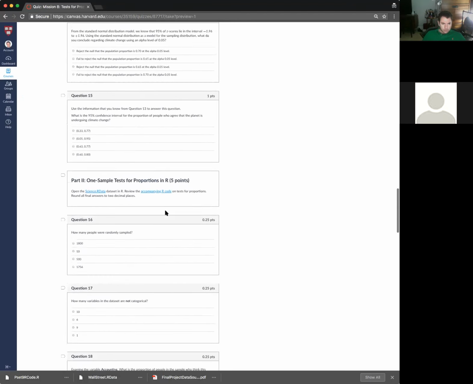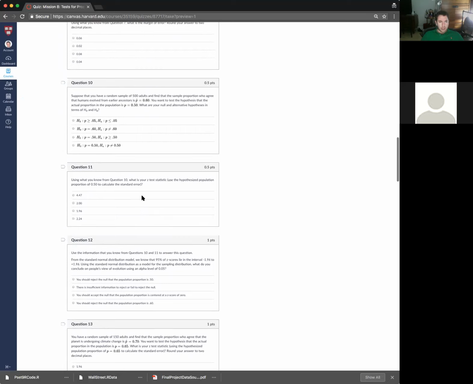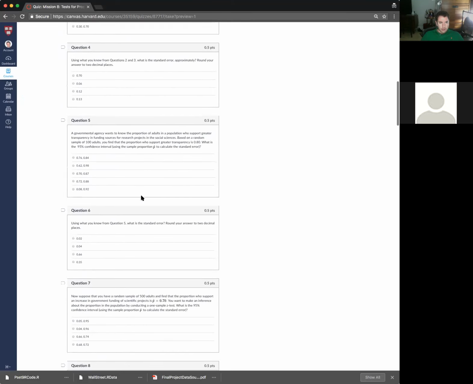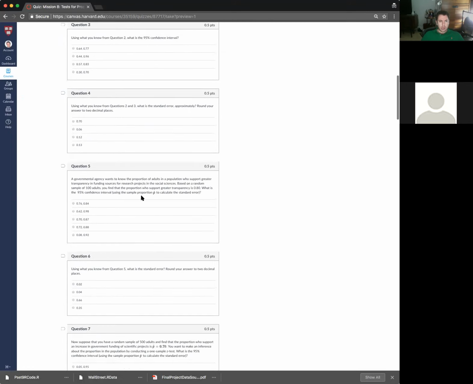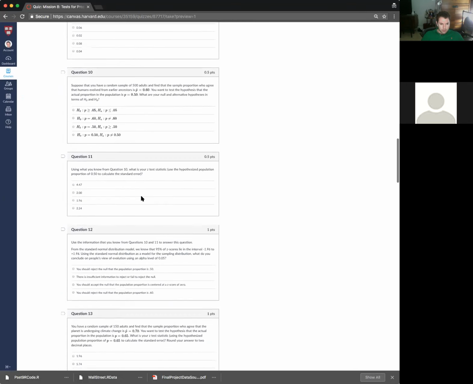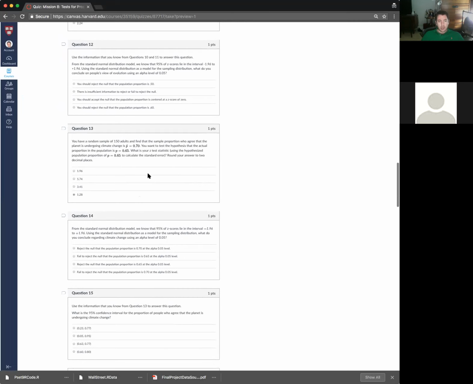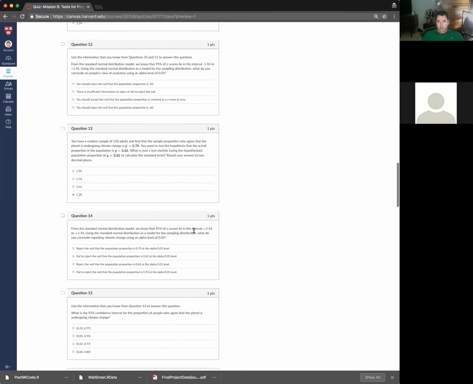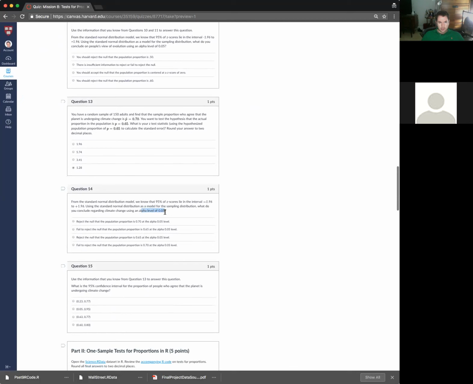Yeah, so the two ways of concluding are you'll look at the test statistic compared to the critical value, which we just went over with the z. The other way is you can look at the p-value compared to the alpha value.